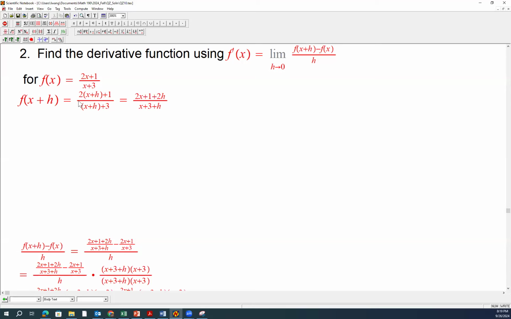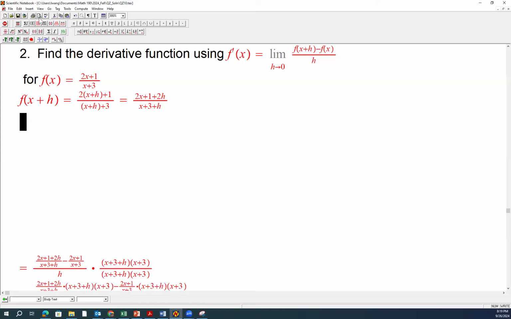And then we have the option: you can keep it the way it was, and you can also expand it, 2x plus 2h, and just reorganize our terms like this. And you will see soon why I do it this way.